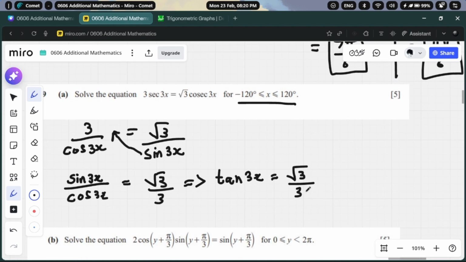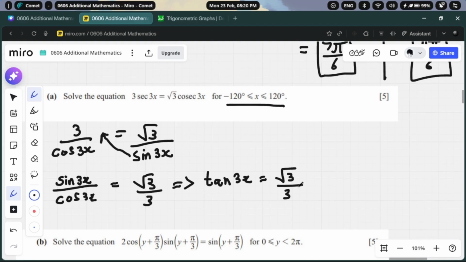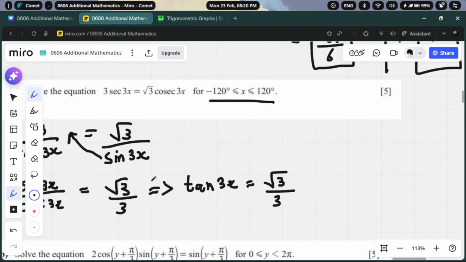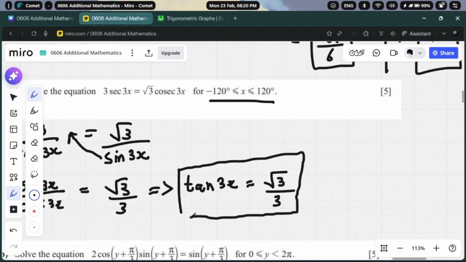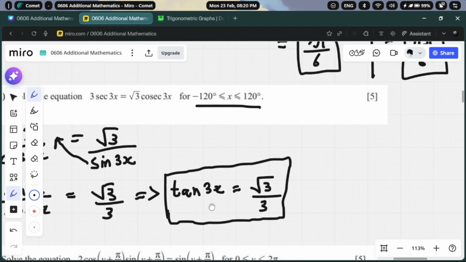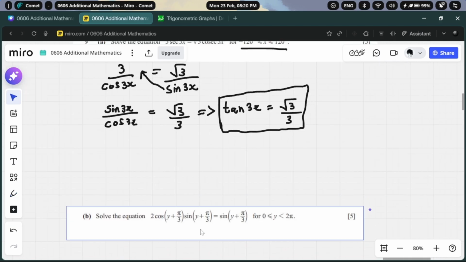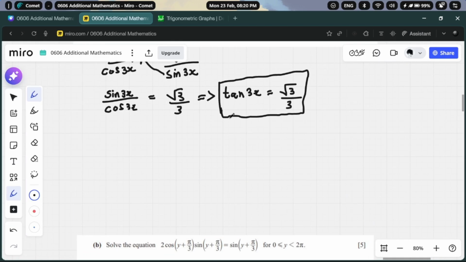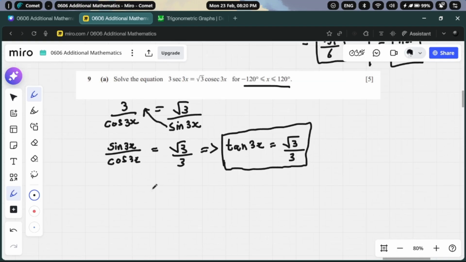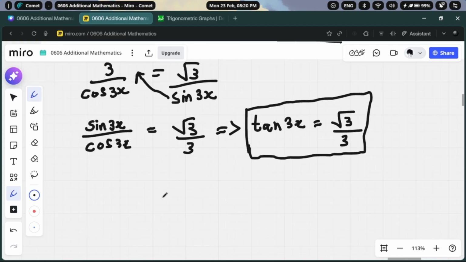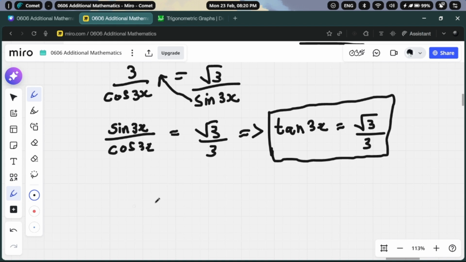Now for these type of questions, there are quite a lot of ways to solve it. I use the method where we equate 3x to a new variable. So I'll show you my working for that. If any of you prefer that or like that, you can stick to that, but you're free to use whatever method you like.